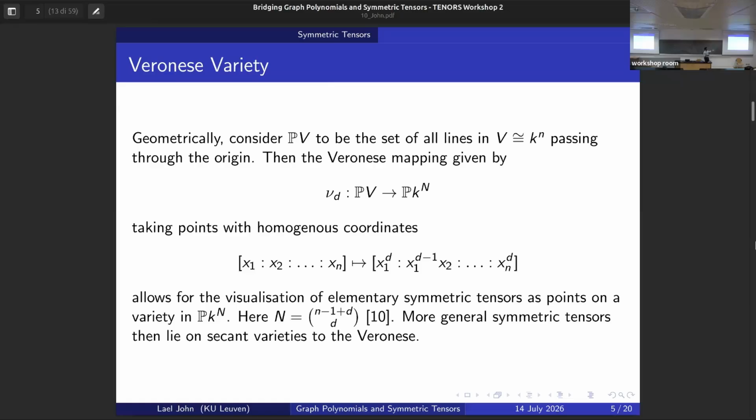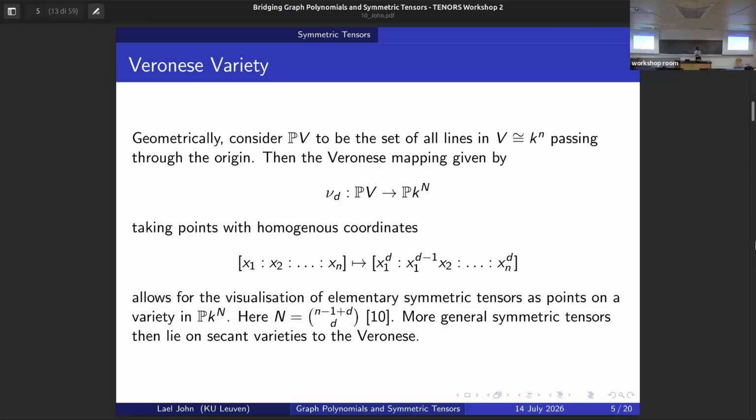Now, that's the algebra bit. How do I look at it in geometry? So if I take now PV to be the set of all lines in a vector space passing through the origin, then the classical Veronese mapping allows me to take points from PV and map them to a Veronese variety, right?